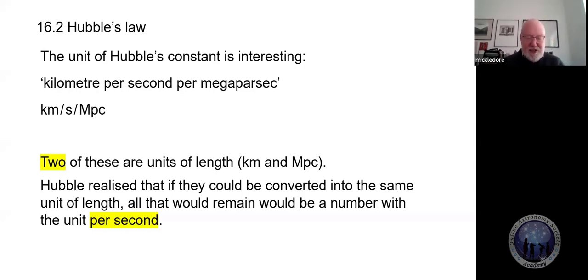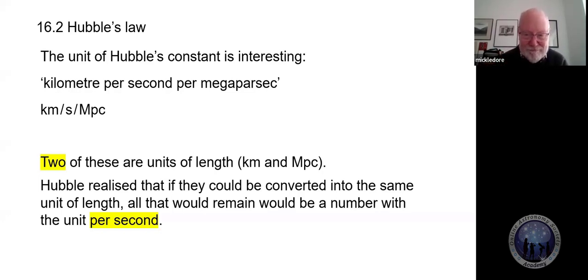And what Hubble realized is that if you invert that very small number, you get a very, very large number with the unit seconds. And Hubble said that's the time for which the universe has been expanding. Hubble time, it's called.